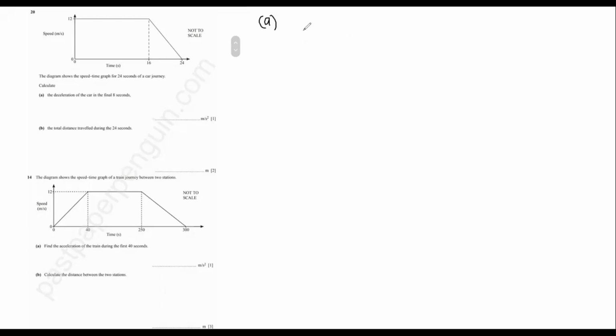I think that we say 24 minus 16. Okay. So the acceleration is equal to the final velocity minus initial velocity over time. So what is our final velocity? 24 minus the initial velocity 16, divided by the time.